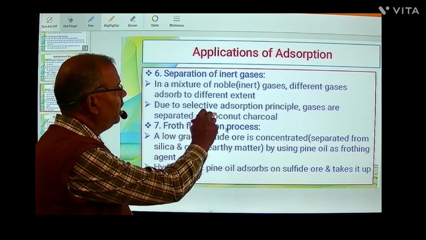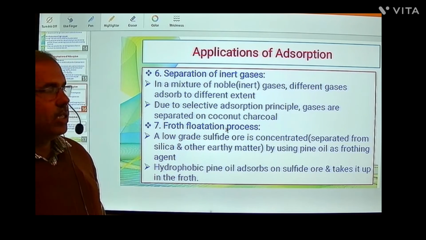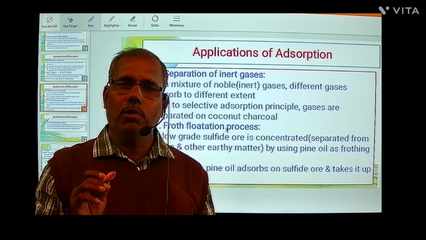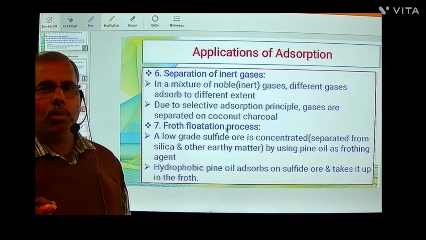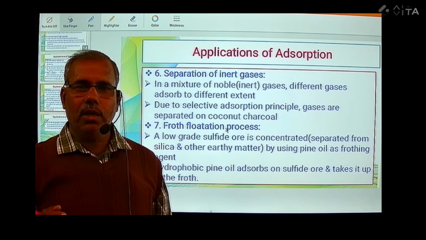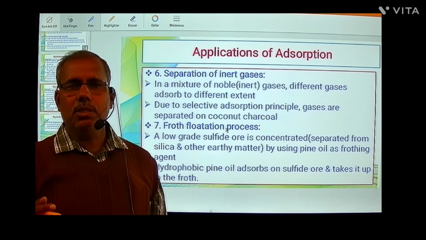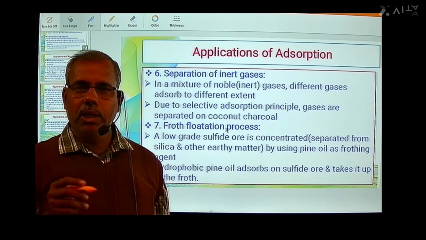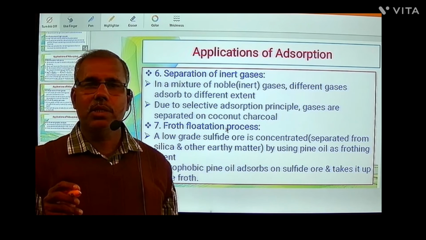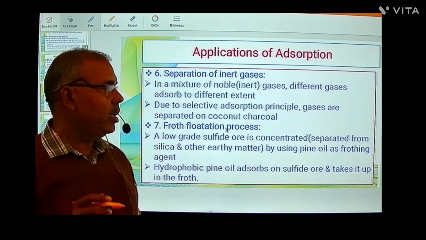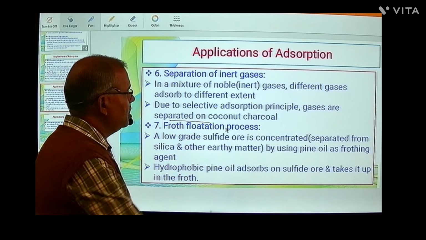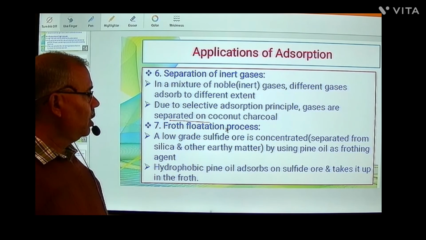Due to the selective adsorption principle, these gases are separated on coconut charcoal. The gas that is adsorbed to a greater extent remains with the coconut charcoal for more time, but the remaining gases, which have less adsorption, are obtained first. In this way we separate these gases on coconut charcoal.